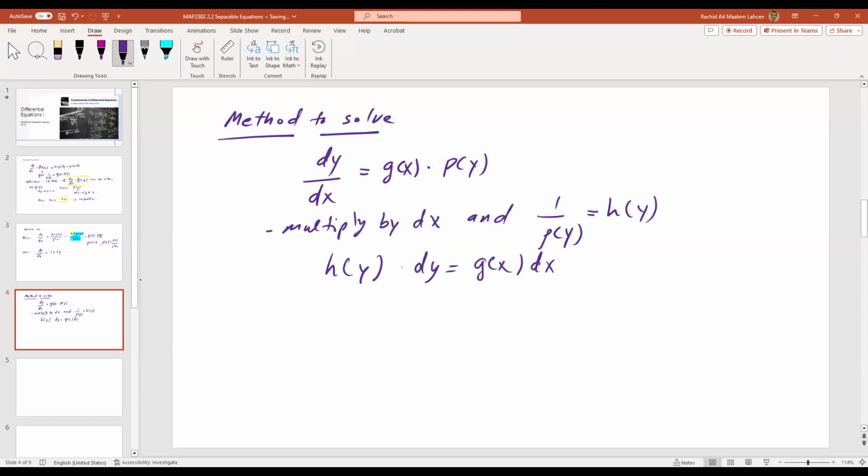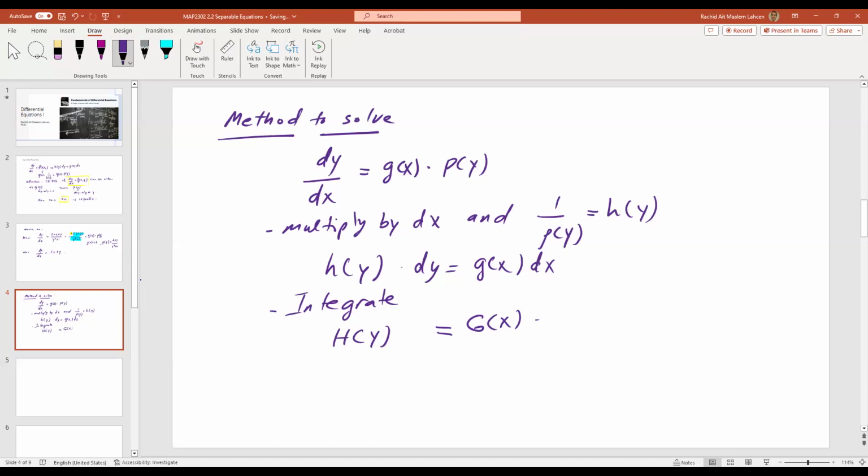Then, of course, you're going to integrate both sides. The left-hand side would give you some antiderivative plus a constant. The right-hand side is going to give you some antiderivative and some constant.